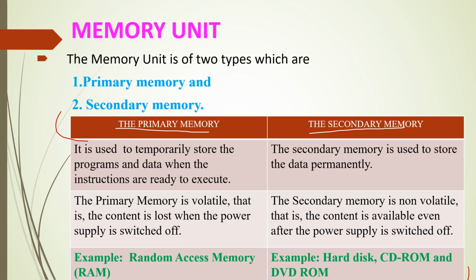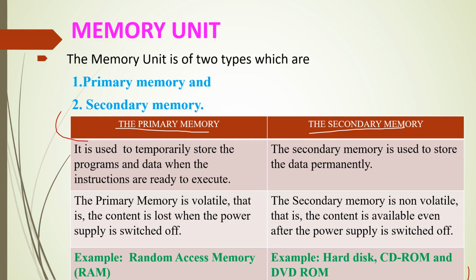For example, if we are typing something in a computer and unfortunately the power is switched off, everything typed is deleted if we didn't save the document. If we saved the document, it is safe in the secondary memory. I am talking about the document that is not saved. That is known as primary memory.